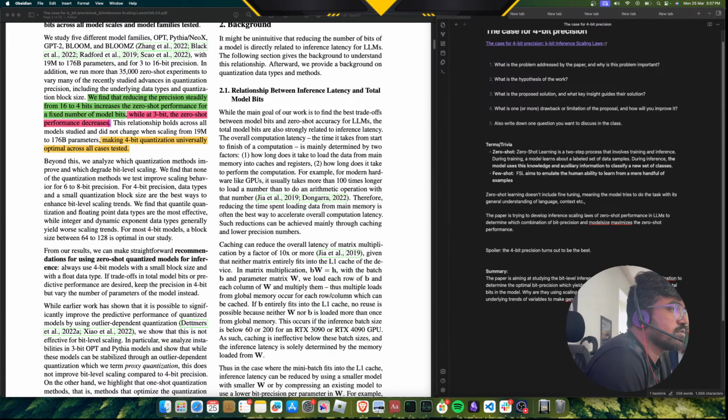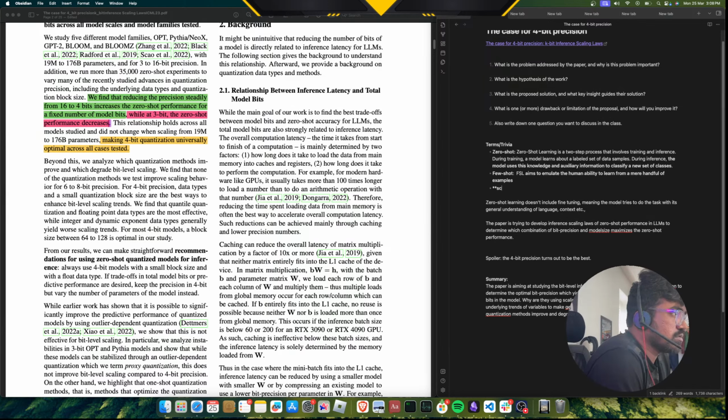They also analyzed which quantization methods improve and degrade the bit level scaling. Let's see what scaling laws they mention.